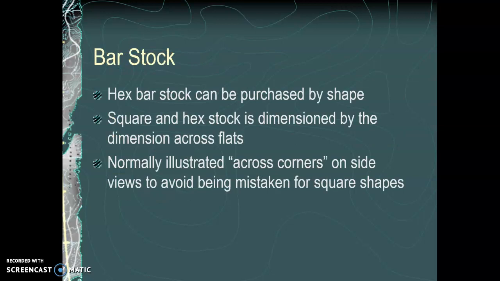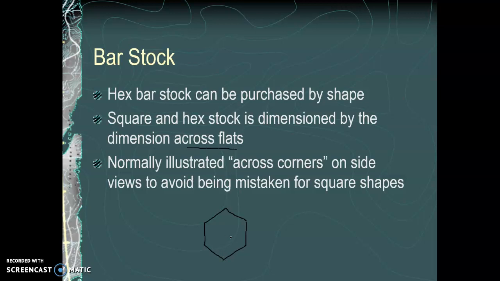And the last thing to mention in this chapter is bar stock. So hex bar stock, you could purchase some hex bar stock and actually make your own hex head bolts if you wanted to. And so that might be the stock material used to make some of these threaded fasteners that we've been talking about. And I just want to point out here that when you talk about the size of hex stock, it is dimensioned across the flats.